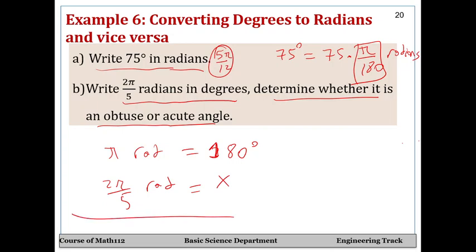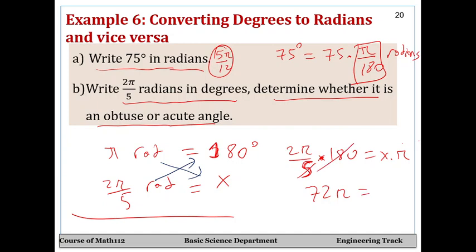You can set up a direct proportion, so it will give you 2 pi over 5 times 180 is equal to x times pi, and then it will be 2 times 180 divided by 5, so it will be something like 72 pi. You can do some simplifications here. Divide by pi, so you will end up with x equal to 72 degrees. That's one way to do it, and this is an acute angle for sure.